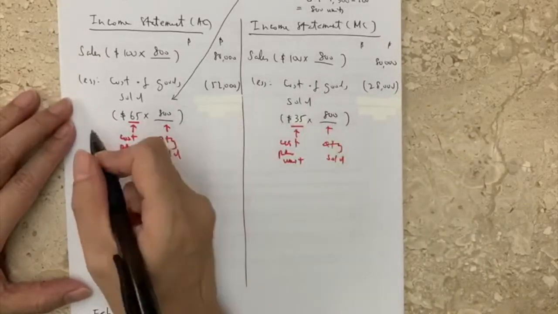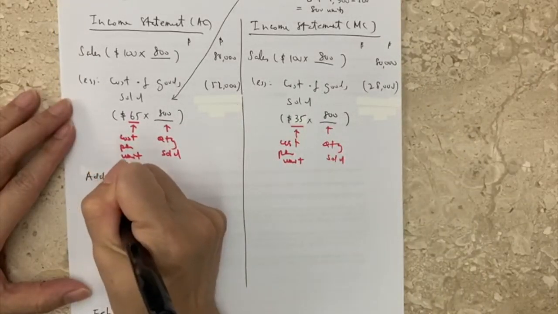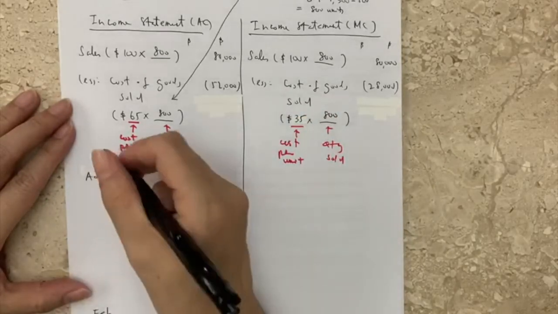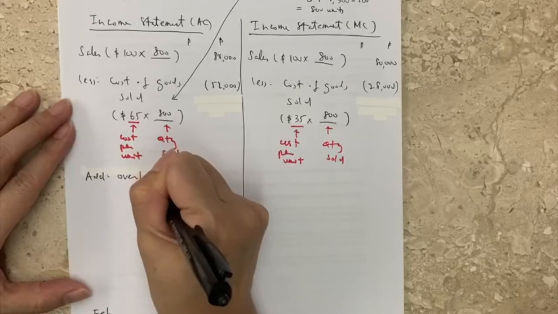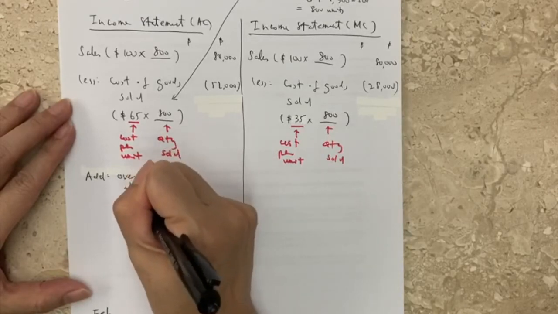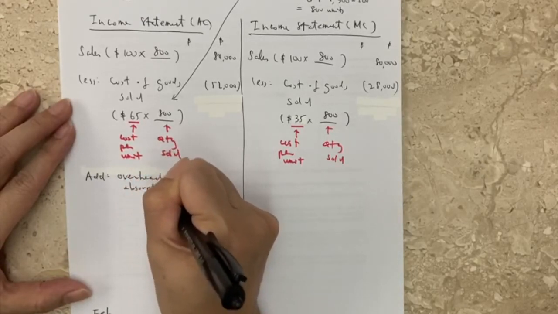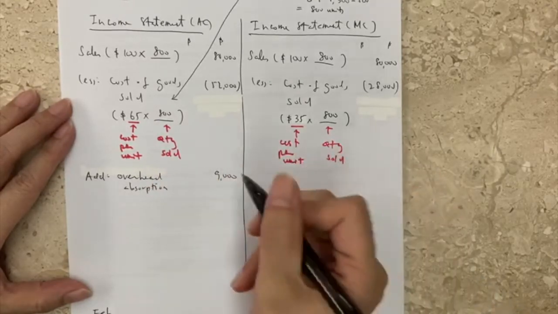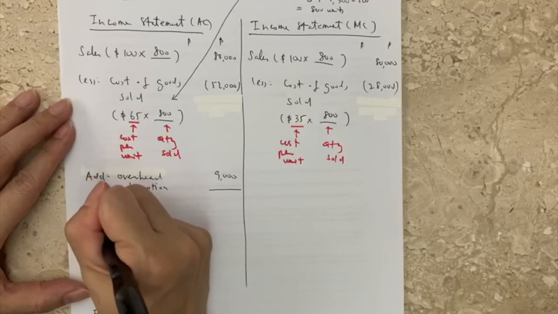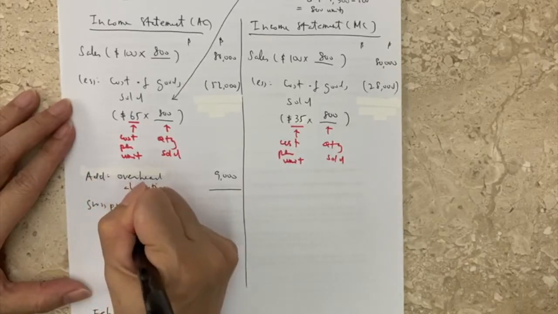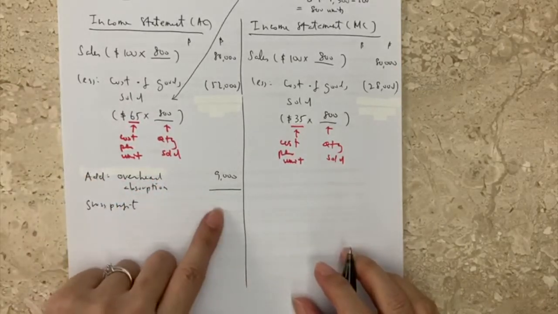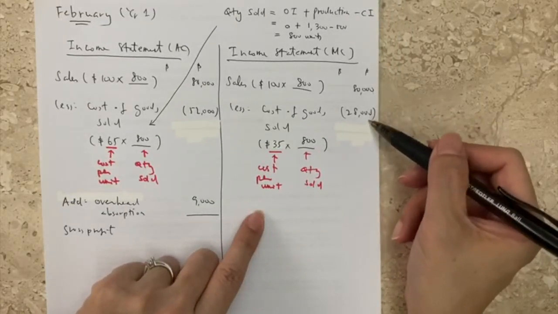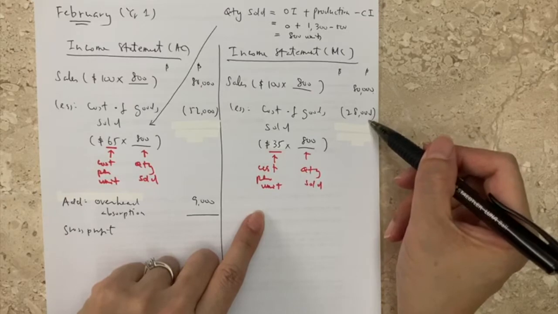Okay, so I need to add back, all right, this is overstated overhead absorption, which is 9,000. All right, now I can get my gross profits under AC. However, this is sales under MC minus cost of goods sold under MC.